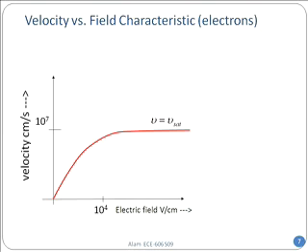Why does it do so? Because at very high field, the scattering is such. This is chapter 6 in the first part of the course. The reason it happens is because at very high field, the backscattering of electrons is exactly proportional to the number of electrons that are coming in.